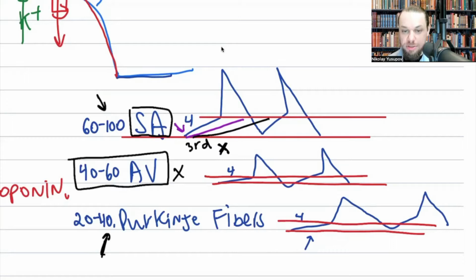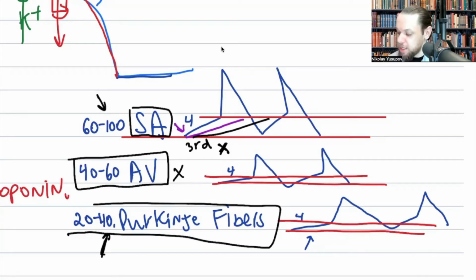There's no communication. So the SA node triggers the impulse, it gets to the AV node, but it's infarcted or not functional, so it's not being conducted to the Purkinje. The Purkinje says, we are the next pacemaker in line, because it's not sensing the SA node response. So it starts to fire at whatever rate, let's say 30. That's why we see this atrioventricular dissociation.